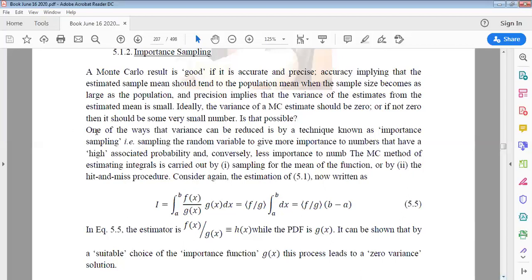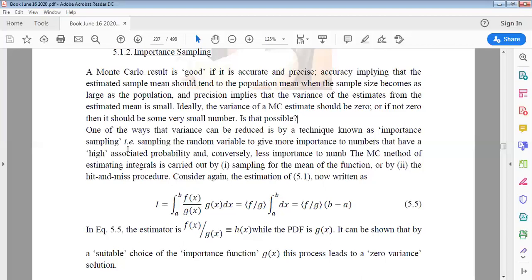Now, first of all, let's see how we can improve the variance. One of the ways that variance can be reduced is by a technique known as importance sampling, that is, giving more importance to numbers that are more important. And that's what I told you when we looked at the exponential PDF.